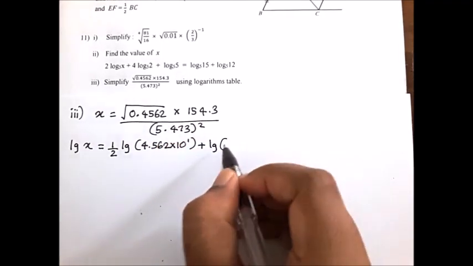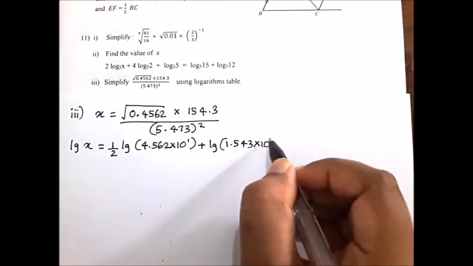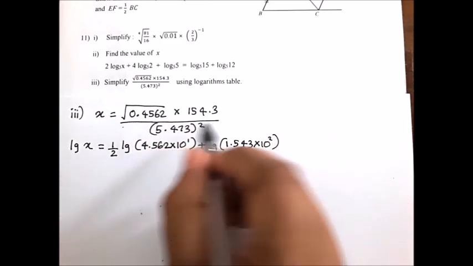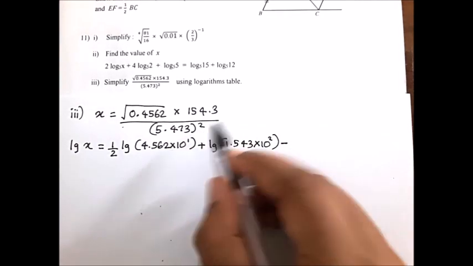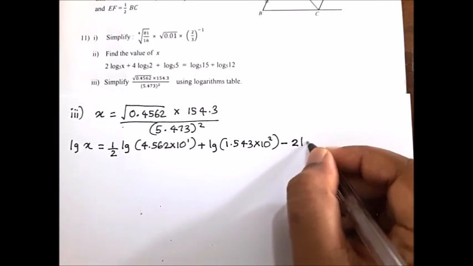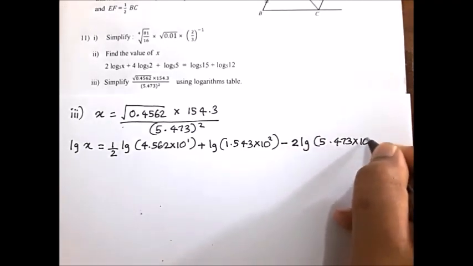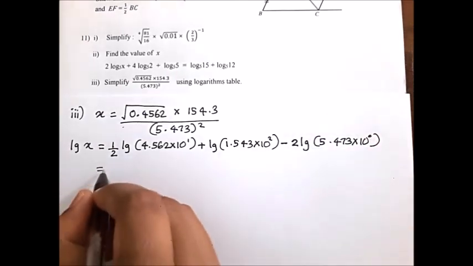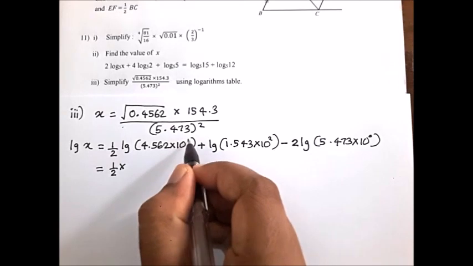Logarithm, write this in scientific notation, 1.543 times 10 to the power 2. For this division, write it as subtraction. Here take this index 2 here, 5.473, 10 to the power 0.